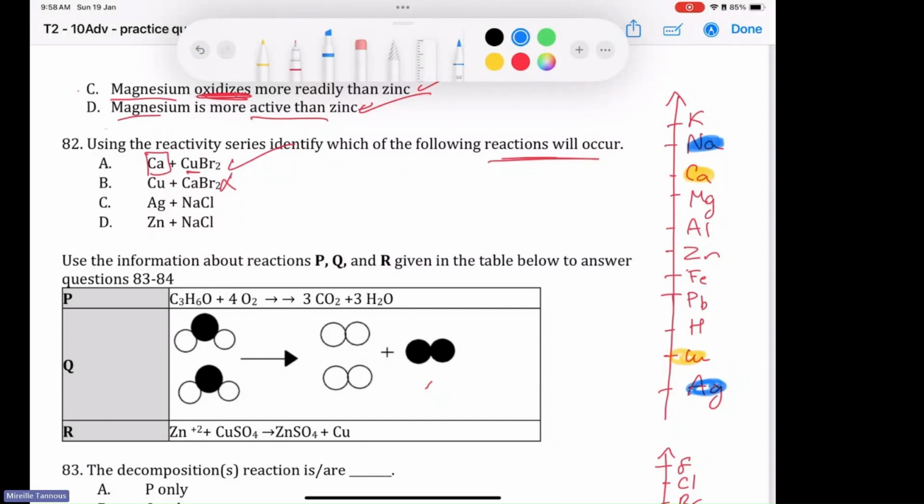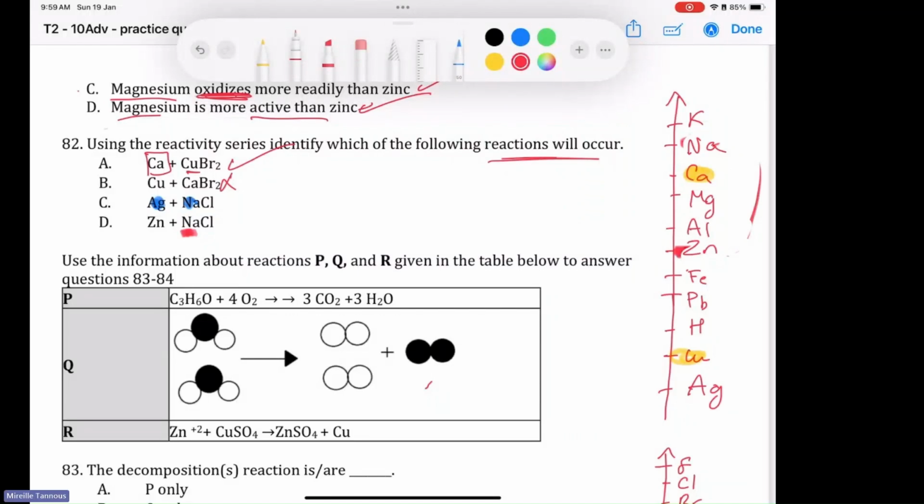Ag can't replace sodium. I'm talking about this one. And again, zinc is here and sodium is here. Zinc cannot replace sodium. Are there questions in this part? Is it clear? Hopefully.